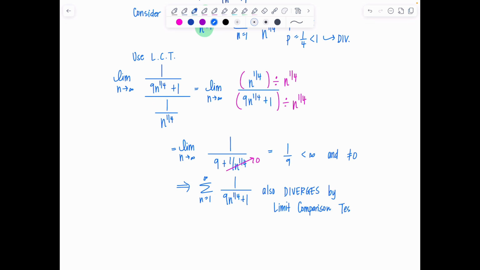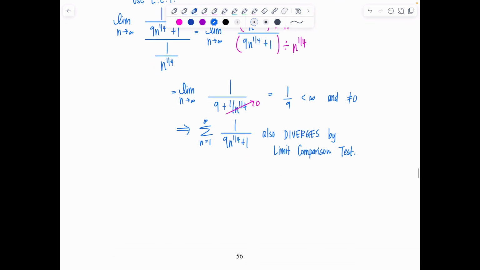Okay. So what does that tell me? That tells me that the original sum, n equals 1 to infinity, of negative 1 to the n over 9n to the 1/4 plus 1 does not converge absolutely. So are we done?